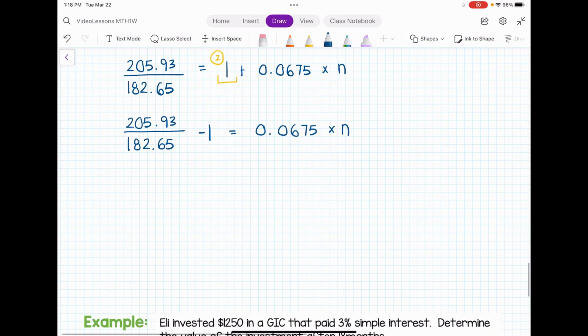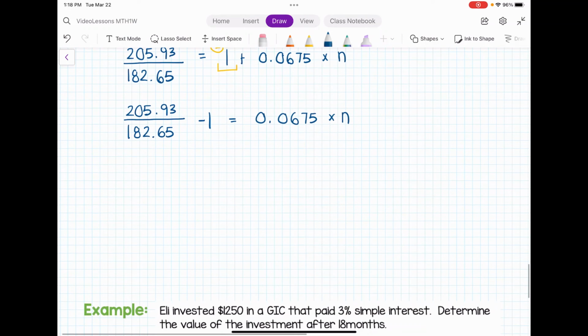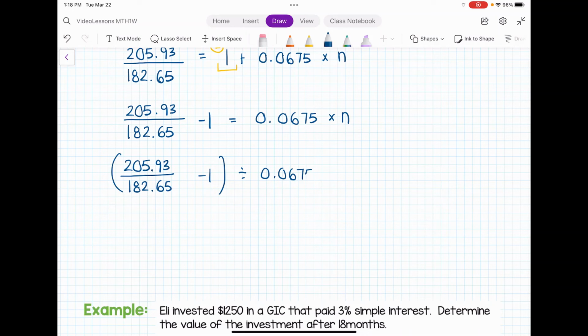So now that 0.0675 is being multiplied by the n, and I want n by itself, which means I have to then divide. So you have everything that's on this side, and then you have to divide the whole thing. Maybe in this case I will write it as just a horizontal division. So that's the third thing that we remove.